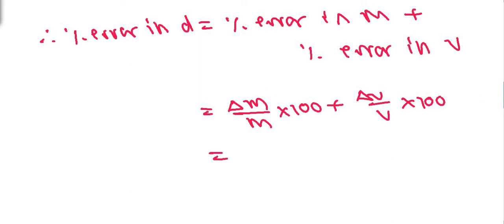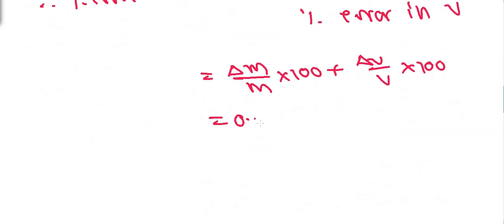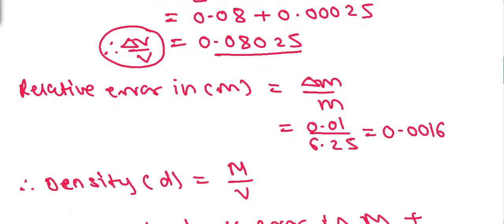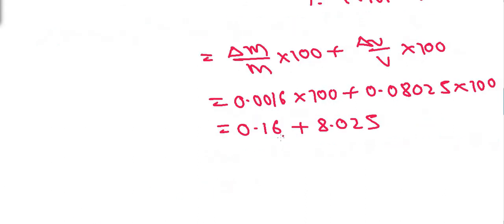That is equal to, now delta m upon m 0.0016 into 100 plus delta v upon v 0.08025 multiplied by 100. That is equal to 0.16 plus 8.025.